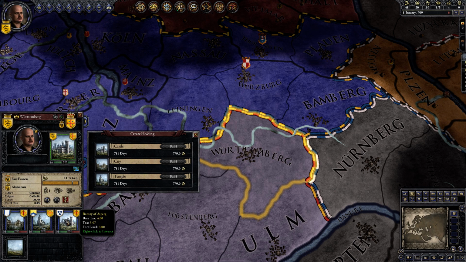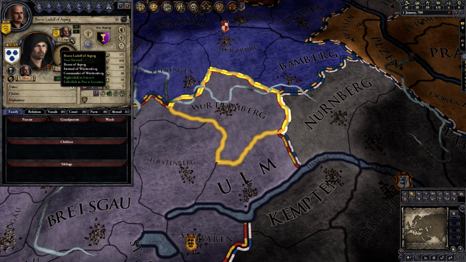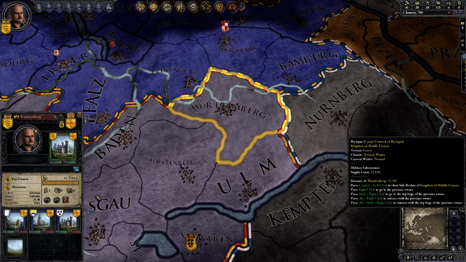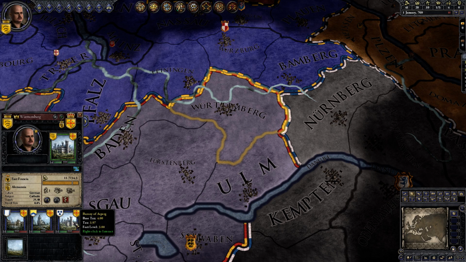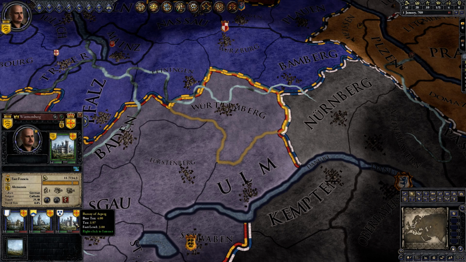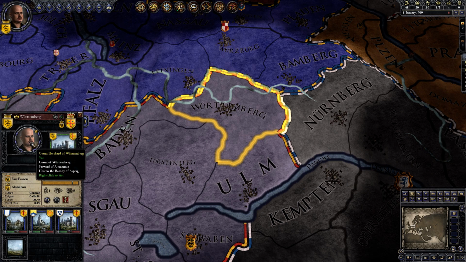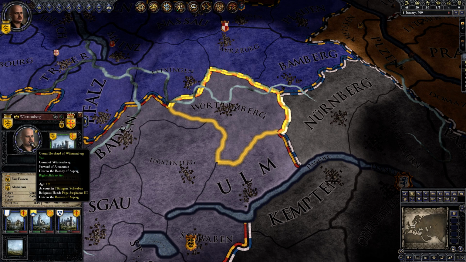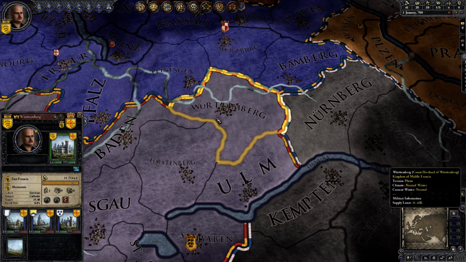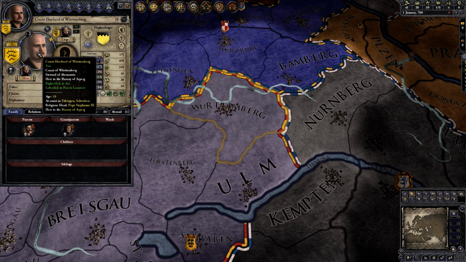But sometimes those sub-holdings can be independent or vassals of someone other than the controller of the main holding.